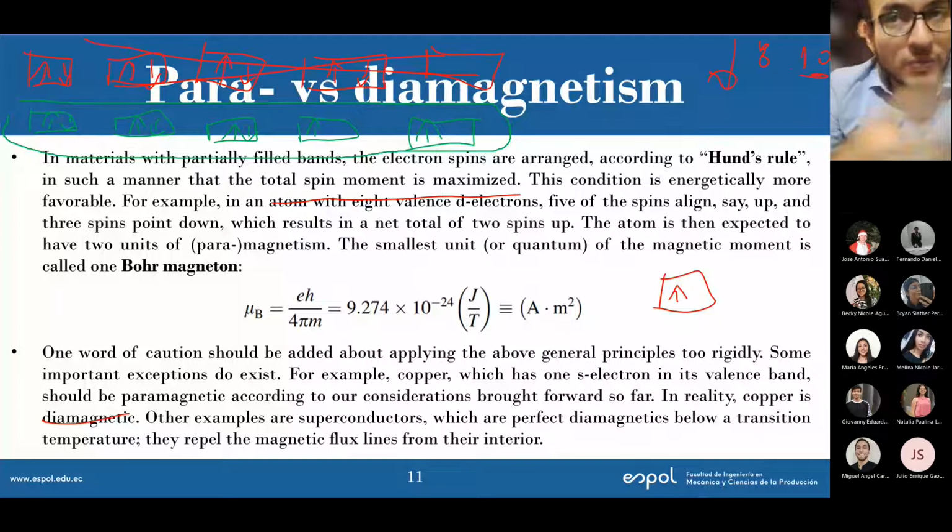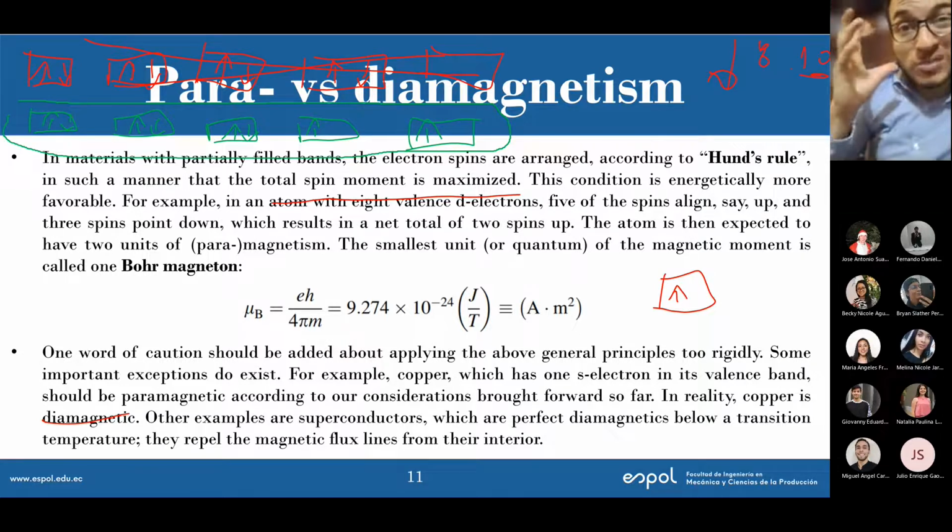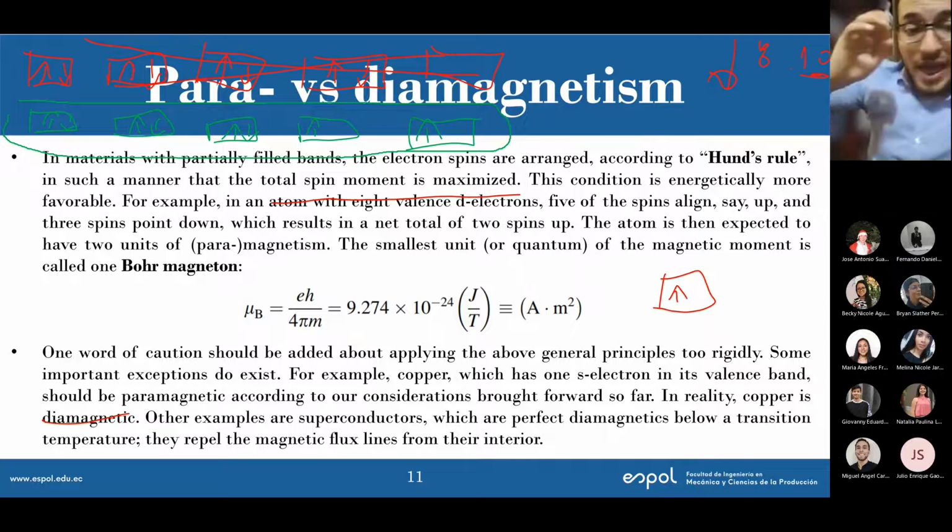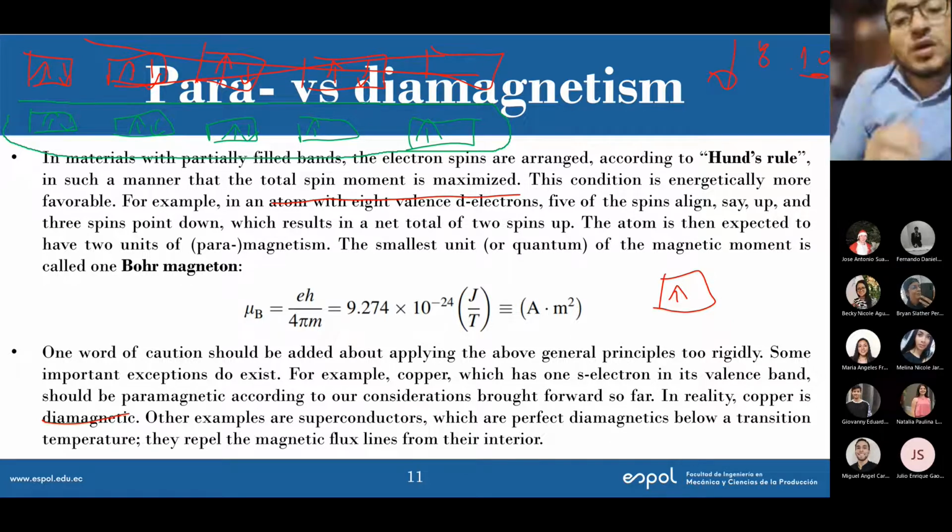Remember, they repel: the superconductor becomes a very strong wall that repels any incoming magnetic flux lines. That's why it's a perfect diamagnet.